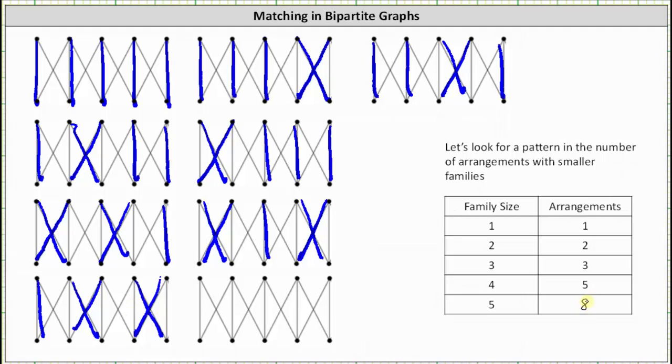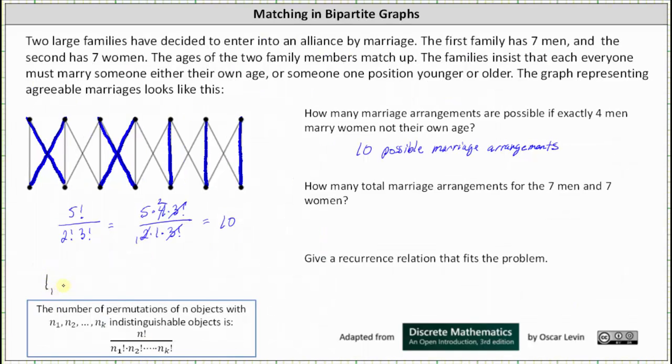So looking at the number of arrangements, we have 1, 2, 3, 5, 8. This should remind us of the Fibonacci sequence. Notice 1 plus 2 is 3, 2 plus 3 is 5, 3 plus 5 is 8, and so on. Let's take this sequence back to the first slide. Again, we have 1, 2, 3, 2 plus 3 is 5, 3 plus 5 is 8, 5 plus 8 is 13, 8 plus 13 is 21, 13 plus 21 is 34, and so on.